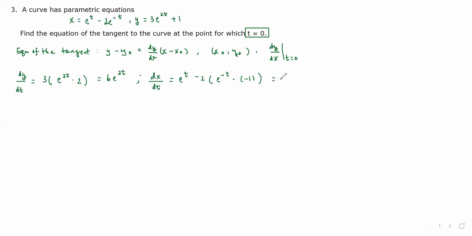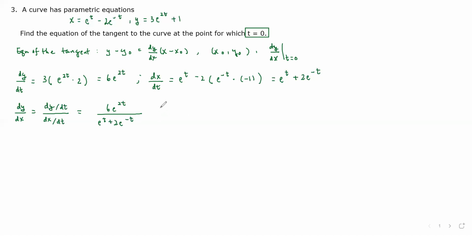And that results in e^t plus 2e^(-t). dy/dx is dy/dt over dx/dt. We have 6e^(2t) over e^t plus 2e^(-t).